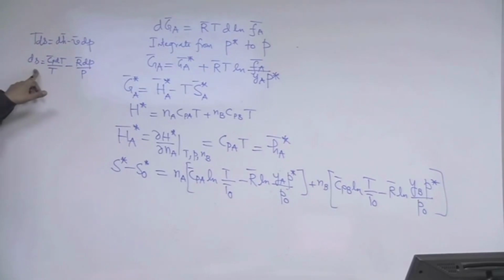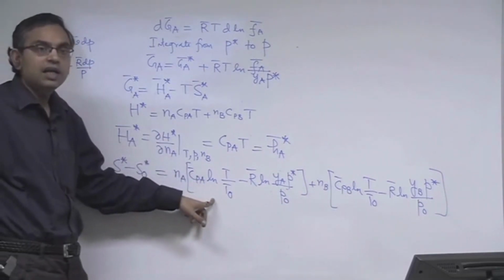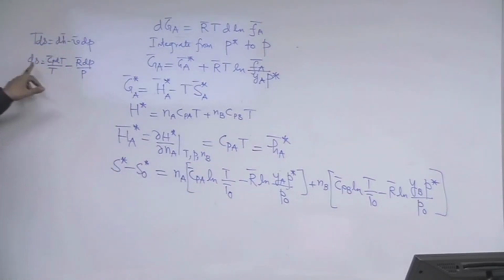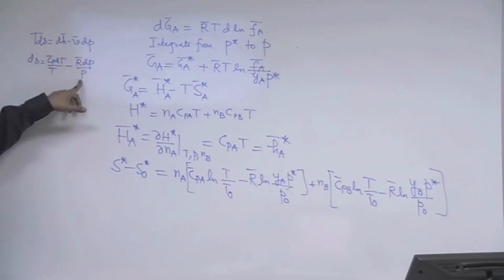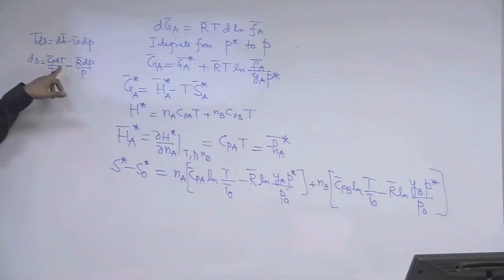This is for a pure component we are writing, but you will understand this by the analogy. So if you integrate this, you can write this as Cp ln T2 by T1 minus R ln P2 by P1. Can you write it always? Yes, when you cannot write this as Cp ln T2 by T1 minus R ln P2 by P1, when for example consider the first term, if Cp is a function of temperature, then you cannot write it.